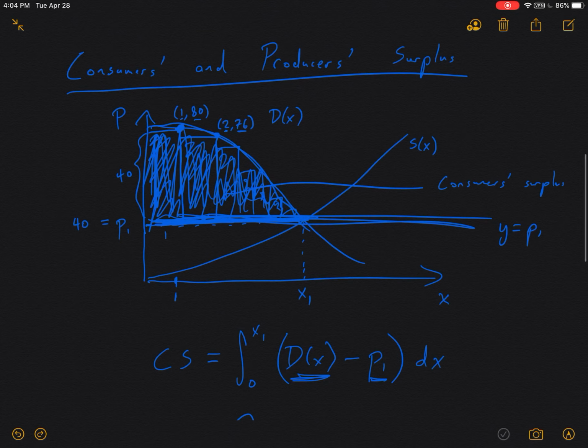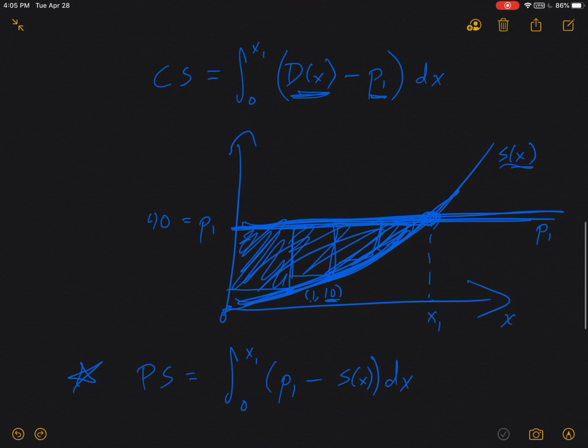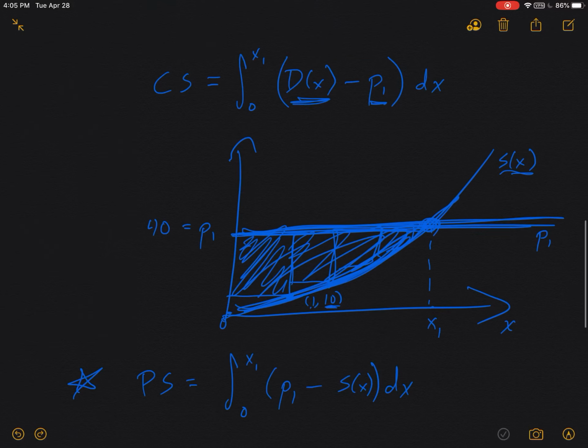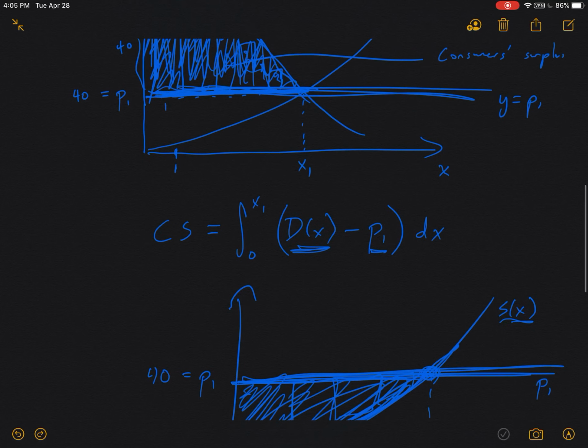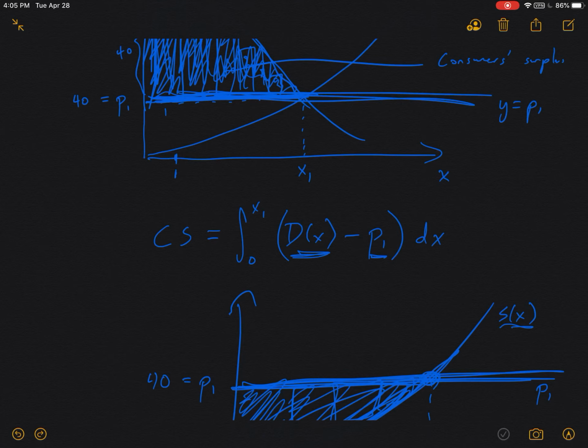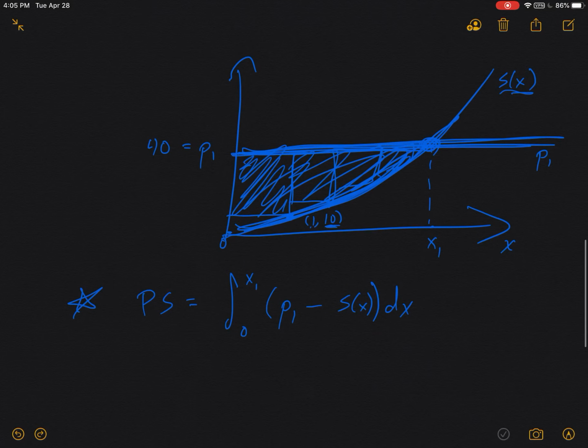And similarly, this first consumer is also benefiting because they were willing to spend a maximum of $80 and they only had to spend $40. So these consumer and producer surpluses are the total savings that are going to the consumers and the total profits that are going to the producers over what they would be willing to spend or charge. So that's where these formulas come from.